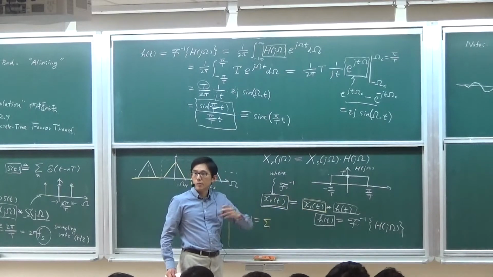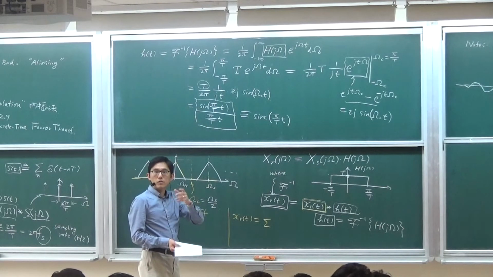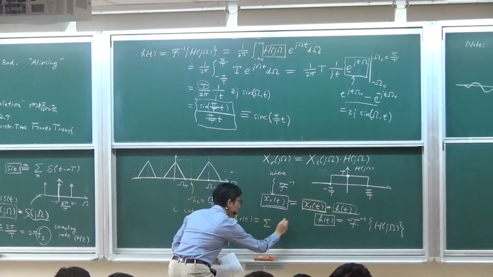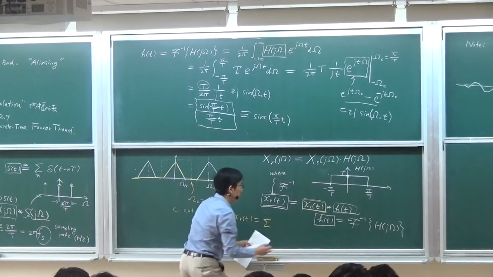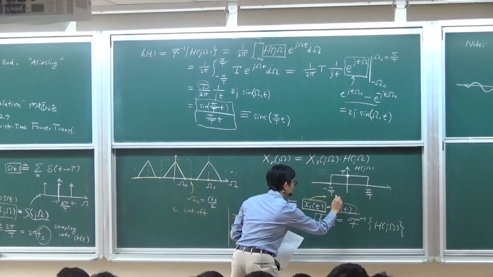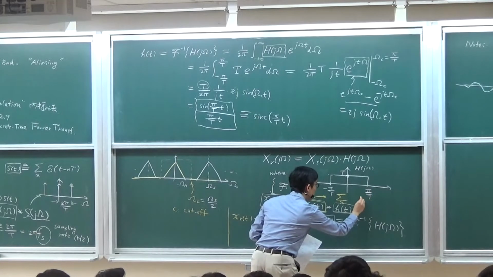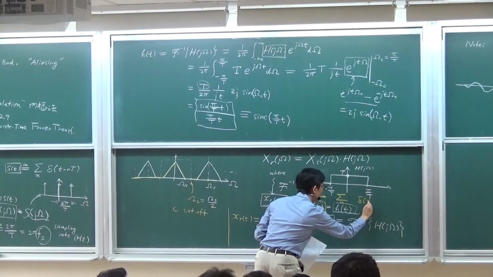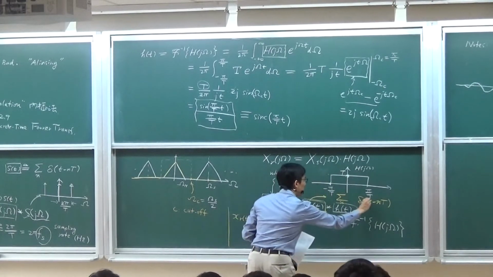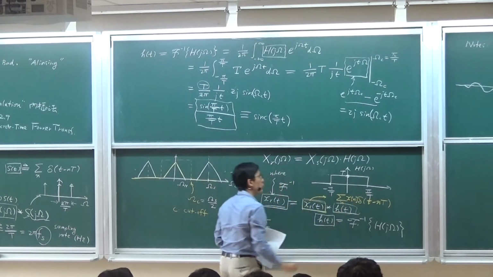It's a sequence of delta spikes, and the heights of the delta spikes are the sample values. So here we have shown that we can rewrite this x s of t as a summation over all n of delta impulses at t minus n times the sampling period, scaled by the discrete-time sample values.